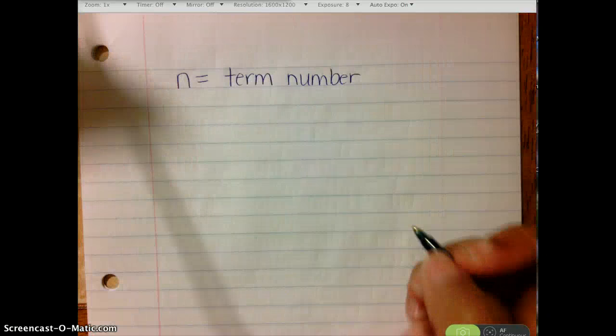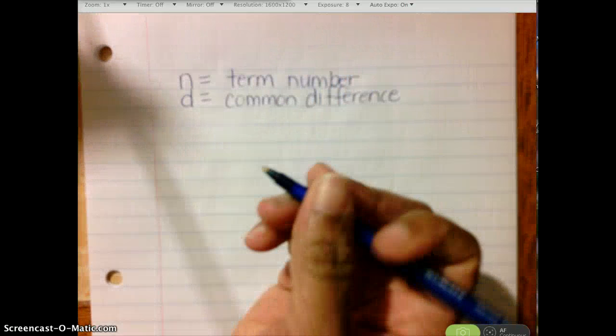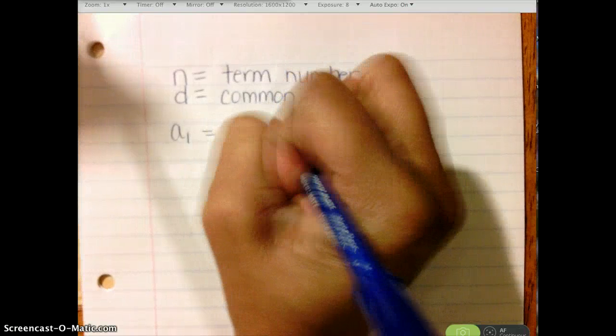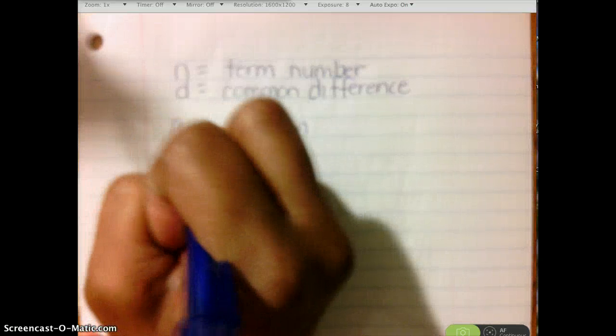When we're talking about term number, that means whether it's the first, second, third, fourth, or fifth term, however it falls in the sequence. d is equal to the common difference. a sub 1 means first term. a sub 10 would be the 10th term.